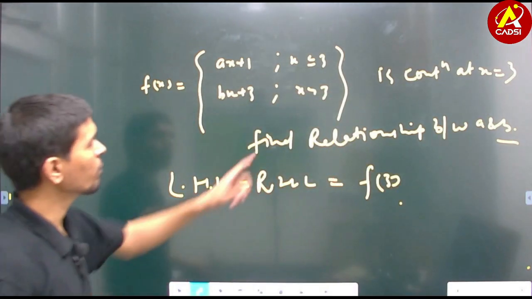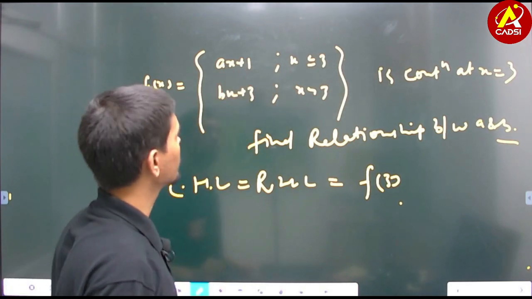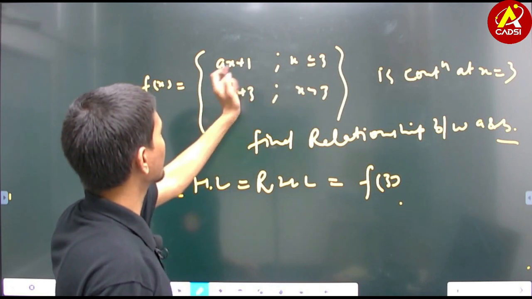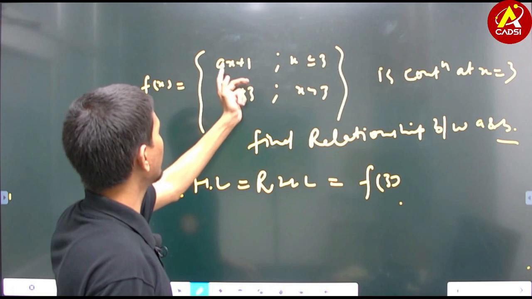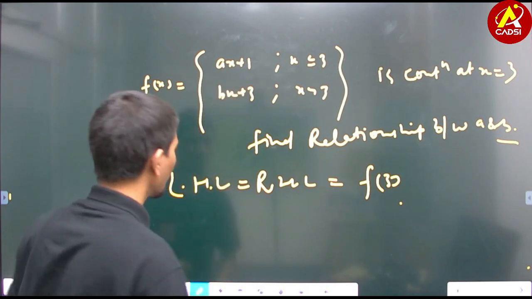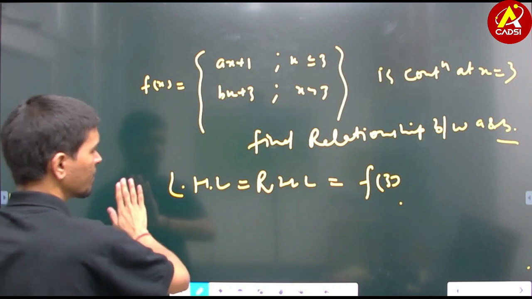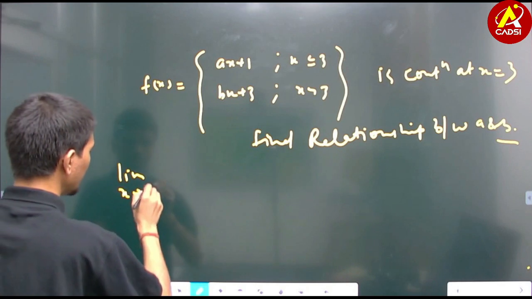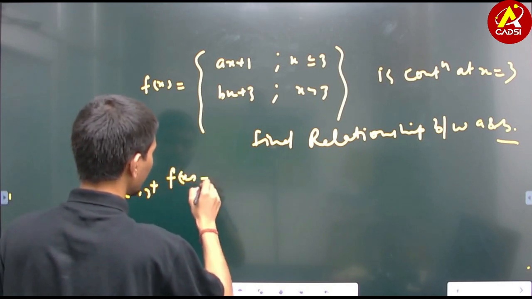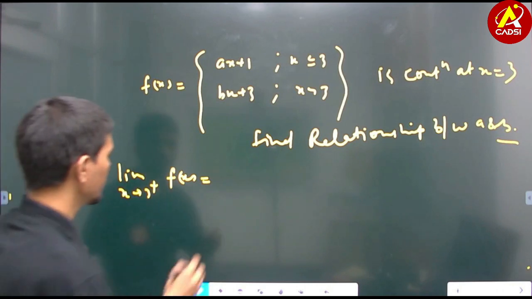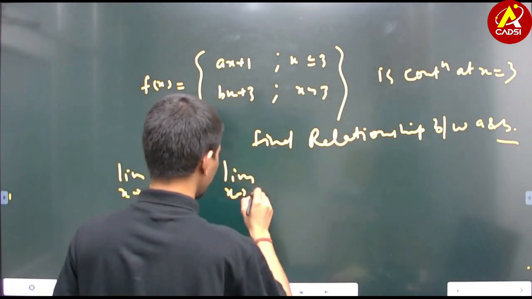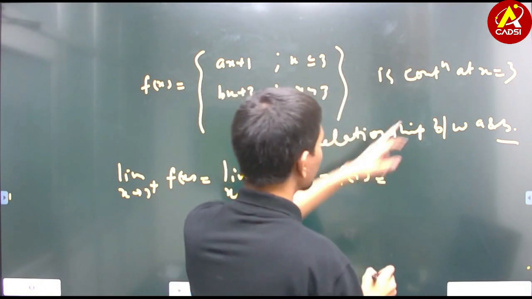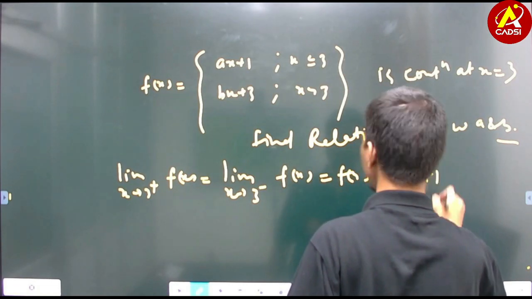Okay, so f of 3 is nothing but 3a plus 1.